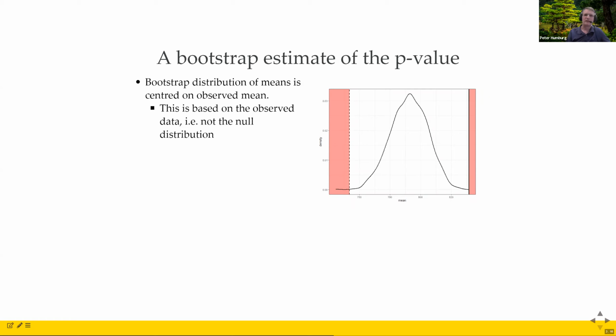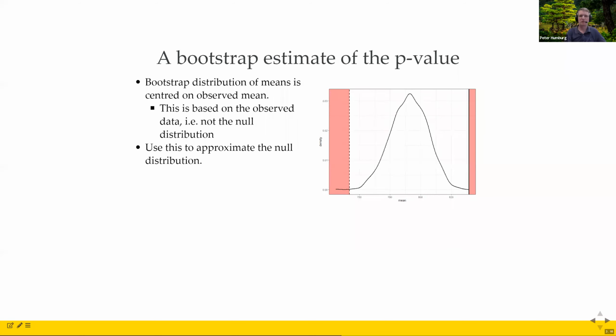Now, there is a small problem with that, because we obviously have generated these Bootstrap samples based on a sample that was based on these observations, not on what you might consider the null hypothesis. So we have to make some assumptions here. So back to making assumptions. And the assumption we make is that we can take this distribution and shift it.